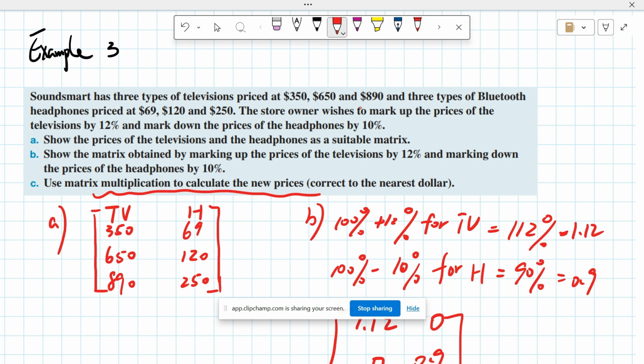If you mark up, you are adding 12% to every price of the televisions, so 100% plus 12% is 112%, or 1.12. You multiply each price by 1.12 to get the final price. A mark down of 10% means you cancel 10%, so you pay 90% in the end for each new price.